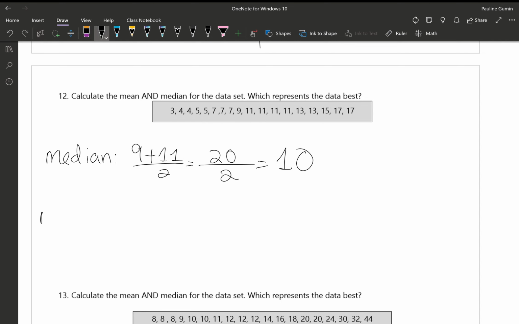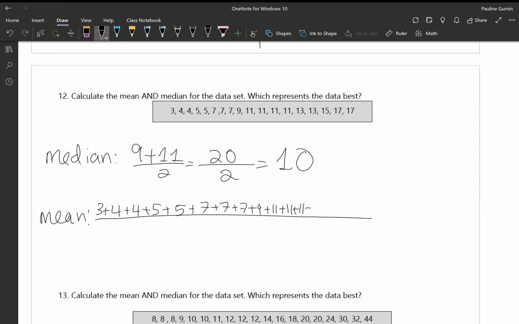The way we find the mean is by adding every single number in the data set, and then divide it by the number of numbers. So let's do it. Oh my goodness, so many numbers.